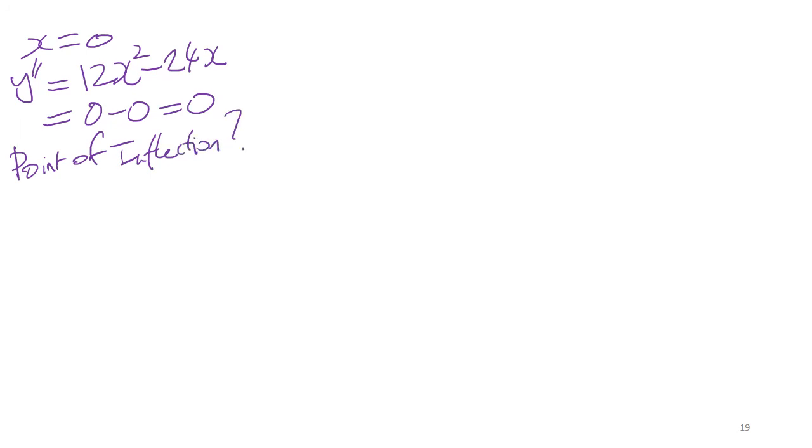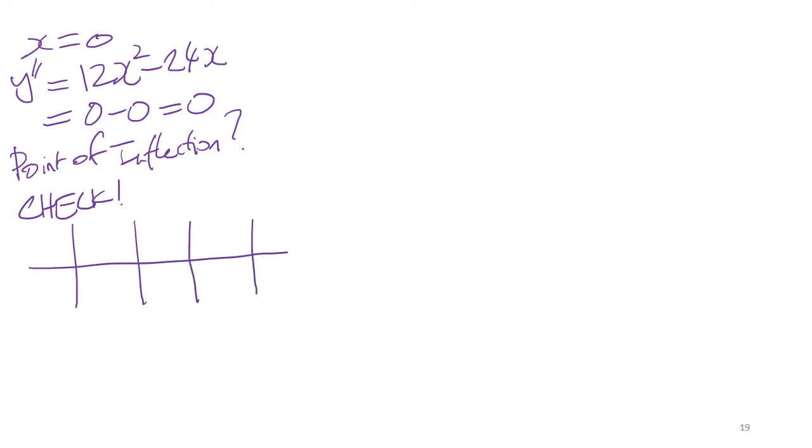But you see why I put a question mark there? Because I haven't really checked. I can't confirm whether or not it is a point of inflection yet. So we need to check. How do we check? We use the second derivative, and we look at two points slightly greater and smaller than that point.